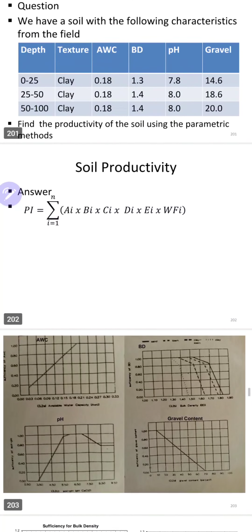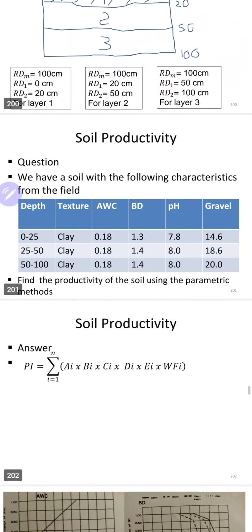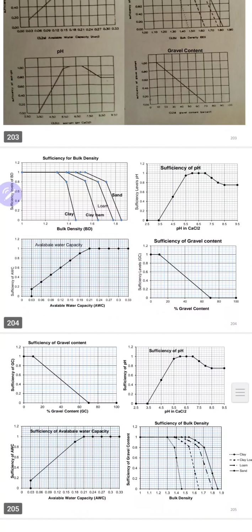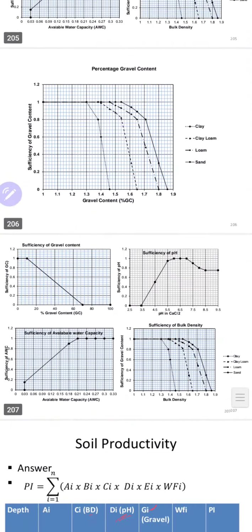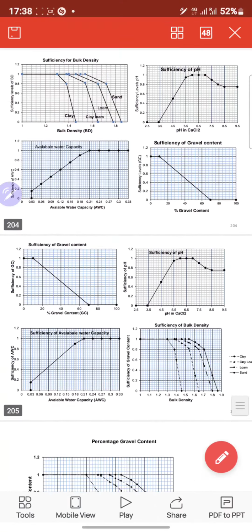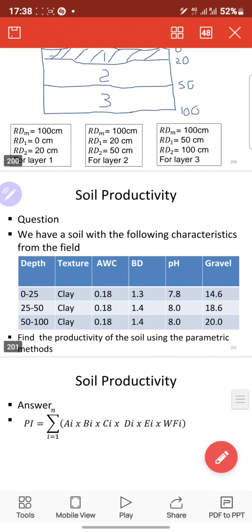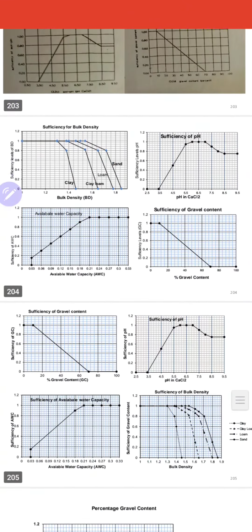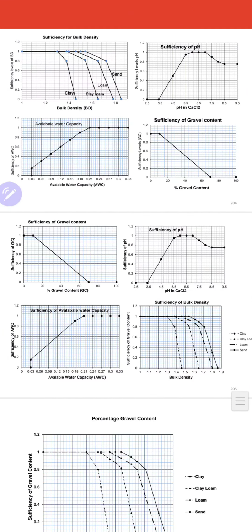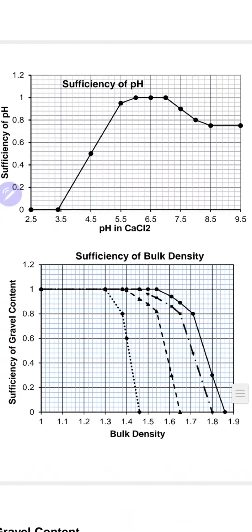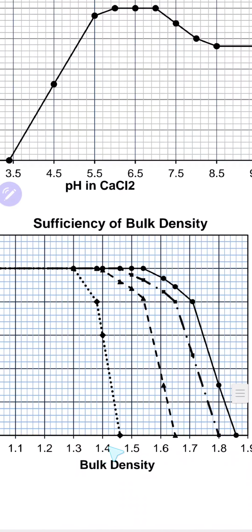If I go for 1.3, it's straightforward, because 1.3 is where all the lines are meeting, which is 1. Now I'll go for 1.4. So when you come here on your bulk density, 1.4 is here.